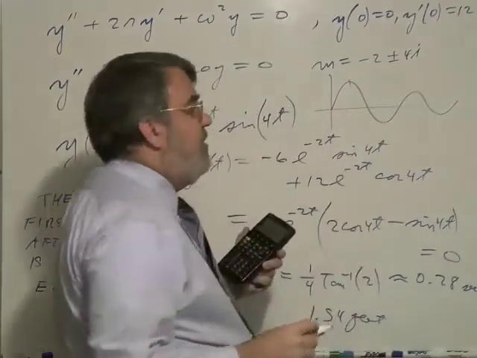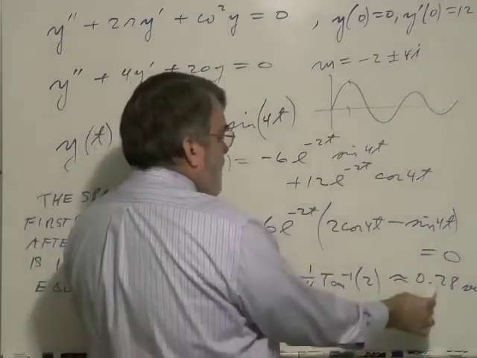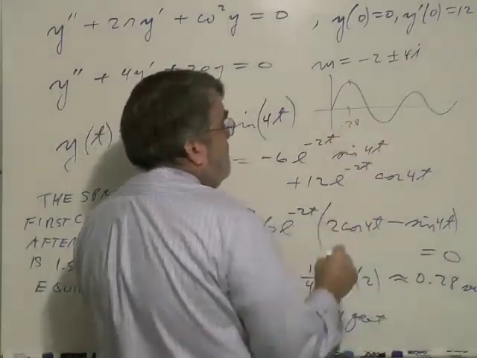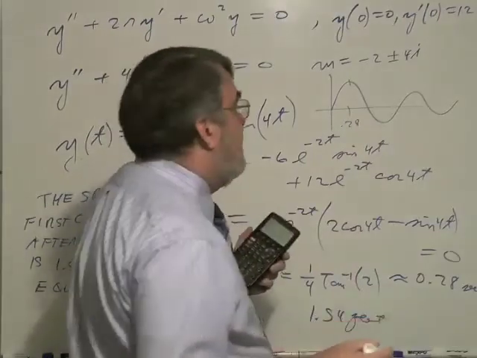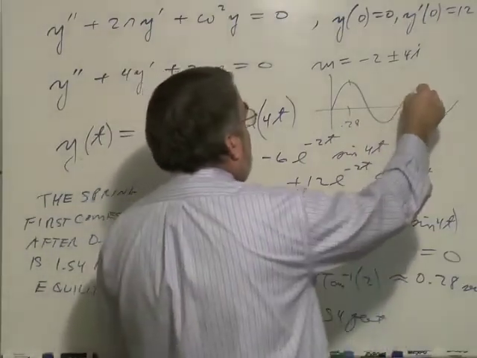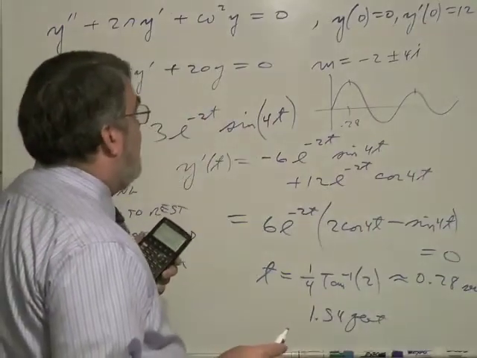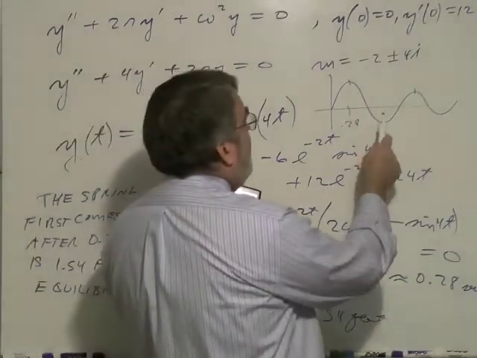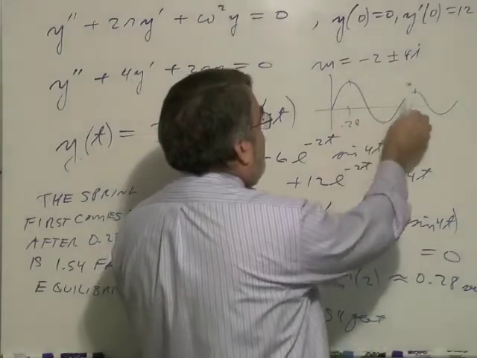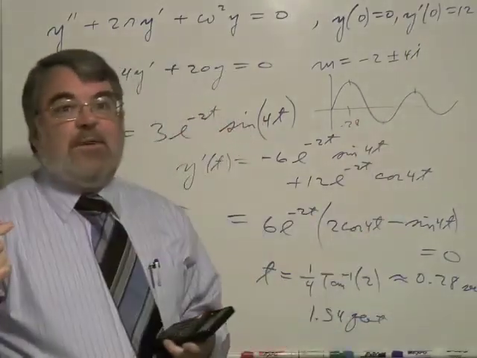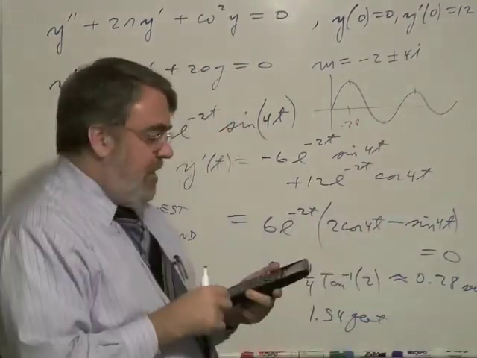Okay, this was after 0.28 seconds, right? And when I added pi over 2, my period, that brought me to this point. And that's wrong, because if I want to know when it stops the second time, I have to take half of the period, which is not pi over 2, but pi over 4.